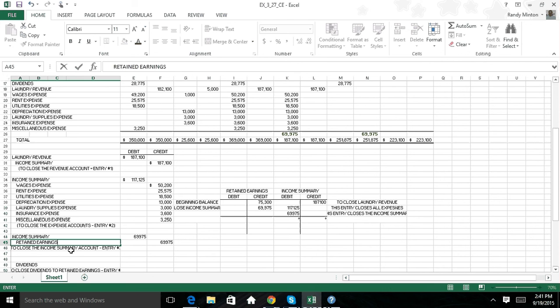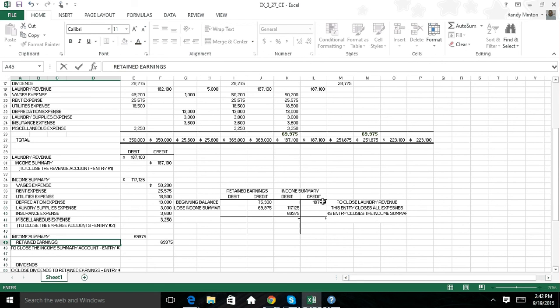It's a temporary account. However, retained earnings is a permanent account, and it will stay, and now it's taking the difference between the expenses and the revenues, in this case $69,975, and it's going to make the retained earnings increase by $69,975. That reflects the fact that we have a profit. How do we know we have a profit?